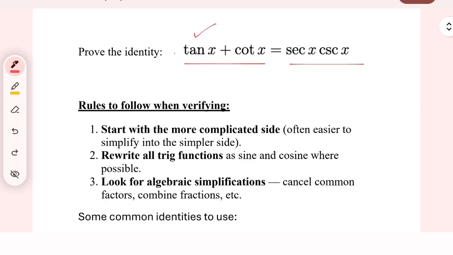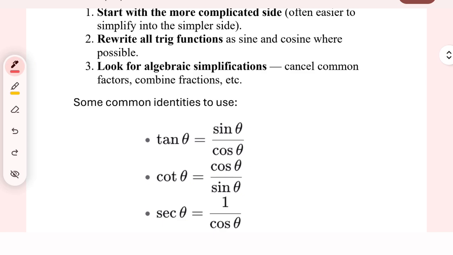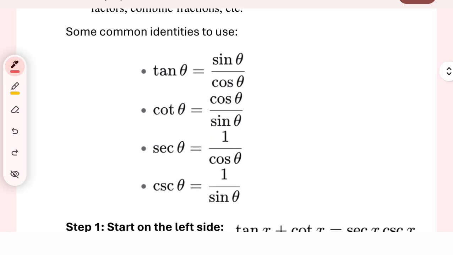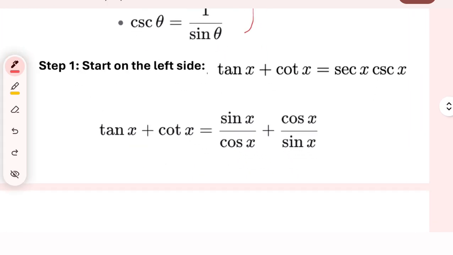So think of ways to rewrite tangent, cotangent, secant, and cosecant, and then look for algebraic simplifications: can you cancel out factors or combine fractions? These are some of the common identities that you can use to rewrite them. Okay, let's solve the identity now.